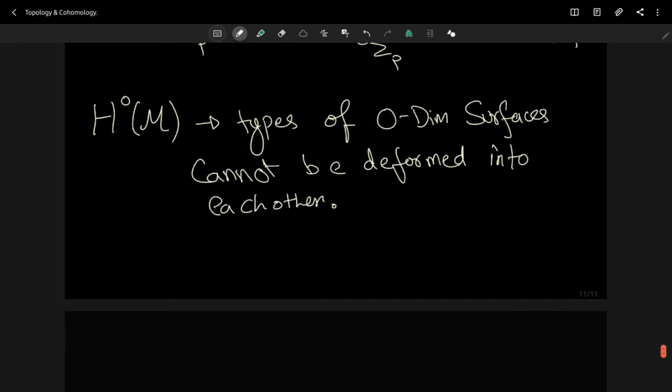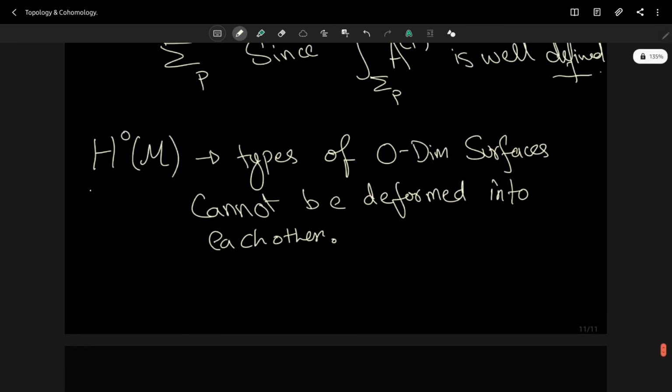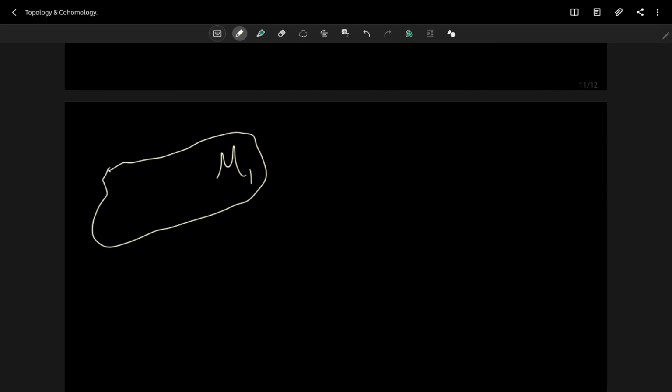Now clearly, it counts the number of connected pieces of M. And that is since, let me draw this, we have this M1, and you have some 2 points in this.